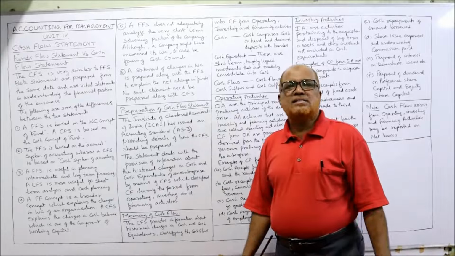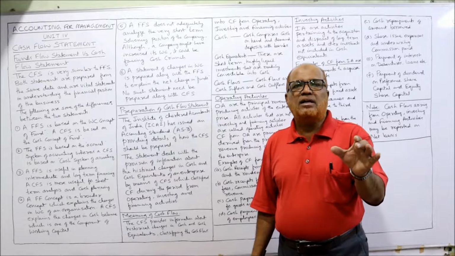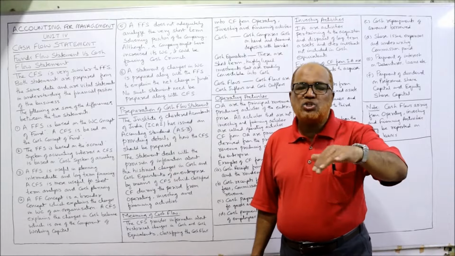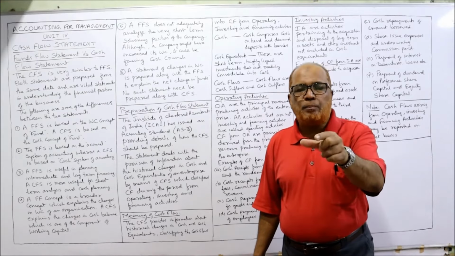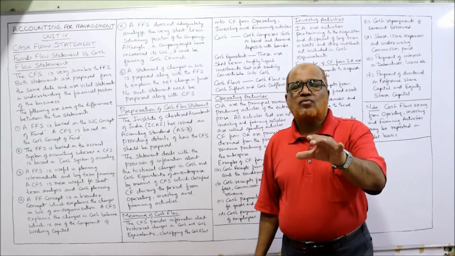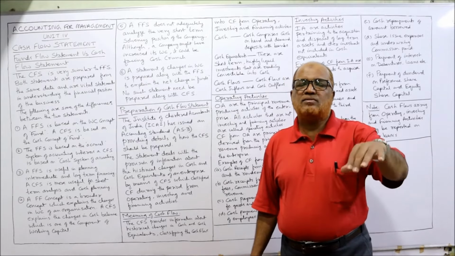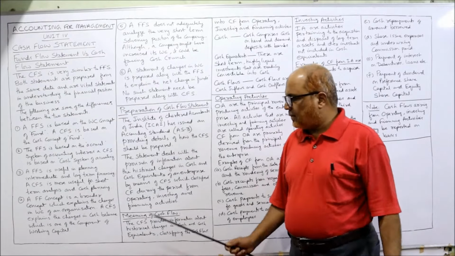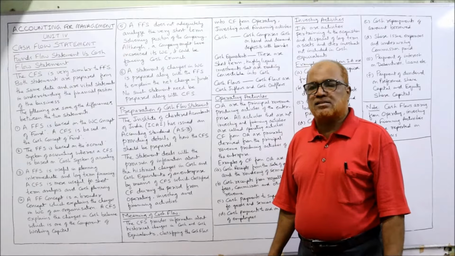So this statement deals with showing the changes in cash and cash equivalents during a period of time, showing clearly the cash flows from operating activity, investing activity and financing activity. That's what this accounting standard AS3 says.